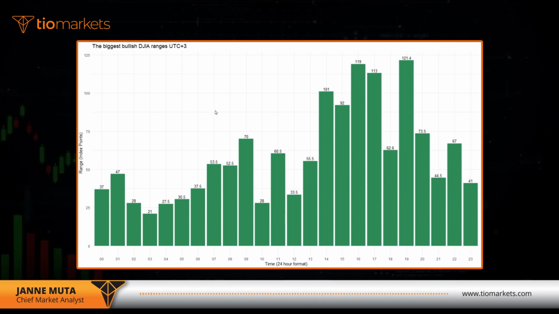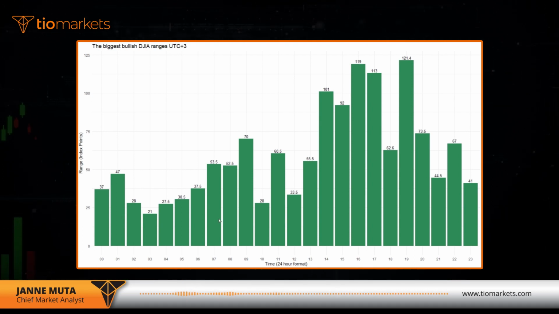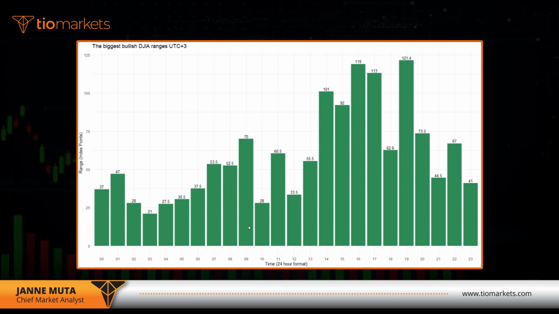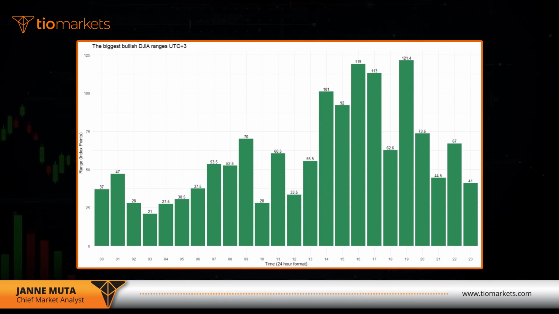I have used R Studio to aggregate the data for each timestamp so that you can see what kind of ranges on average take place at these timestamps. And now remember, we have filtered out all the less than average moves or ranges. So we're focusing only on the ranges that are bigger than the average.